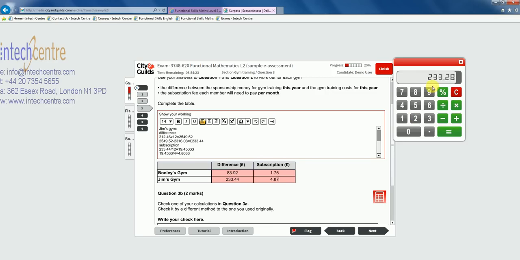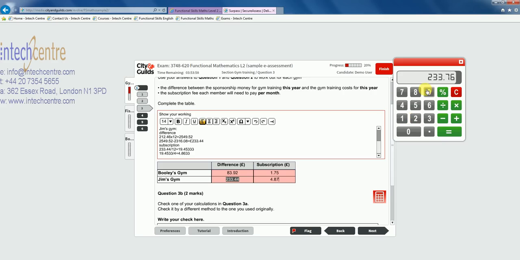So it's £233.28. Yeah, so it wouldn't give us this value actually. So if we did it with £4.87, because we're working with money, sometimes obviously a few pennies can make a difference. So that's £4.87, times it by 4 is £19.48, and then we times it by 12.